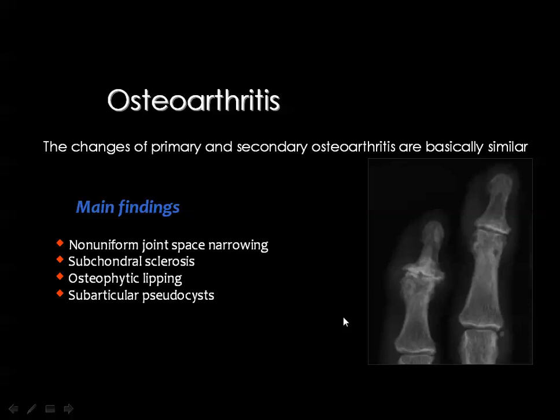In any type of osteoarthritis, of course, as you all know, there is joint space narrowing, subarticular or subchondral bone sclerosis, and osteophytic lipping of the articular surfaces. And in advanced cases you can see subarticular pseudocystic changes, as you can see these small radiolucent cysts.